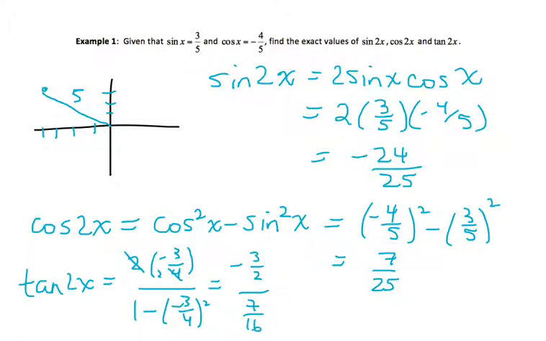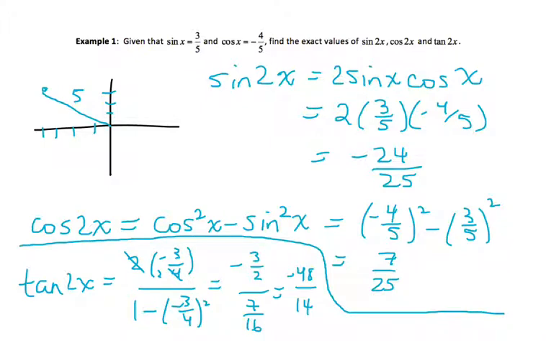Multiply top and bottom, that's negative 48 over 14, and then I could simplify again to say negative 24/7. So let's separate these out. All right, so anytime you're told in this sort of problem exact values, again, we're coming back to our right triangle and our CAST.